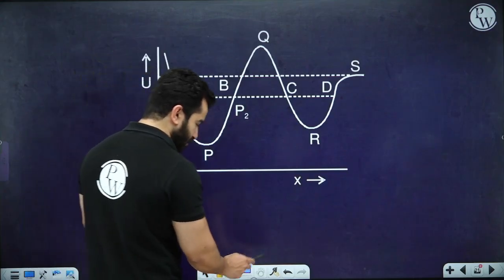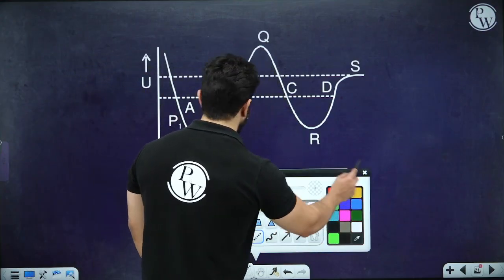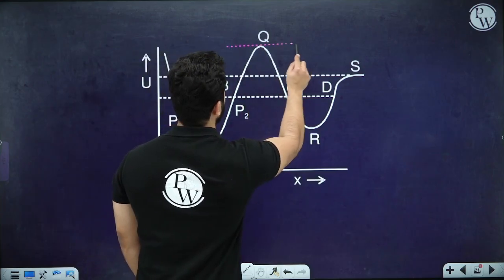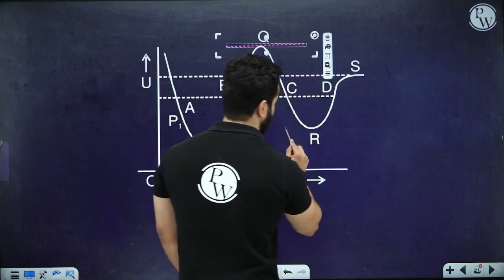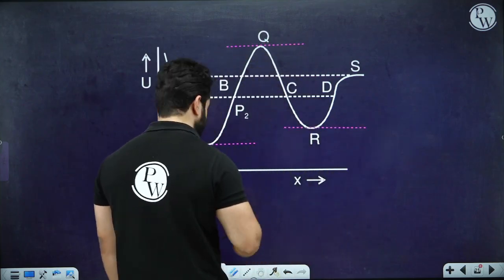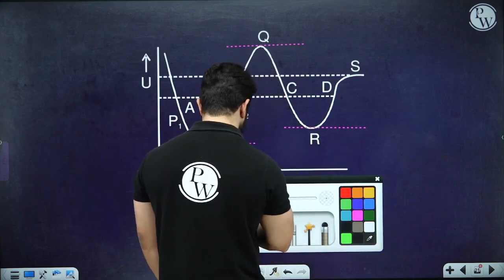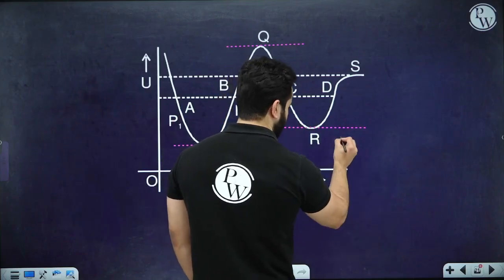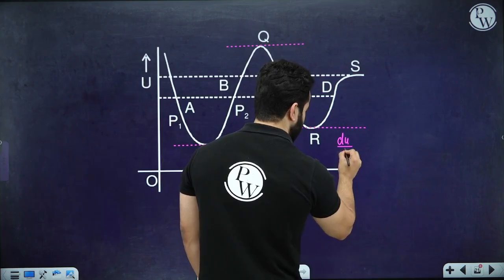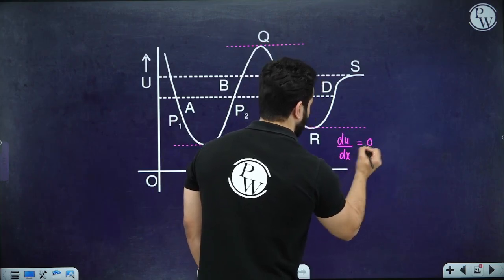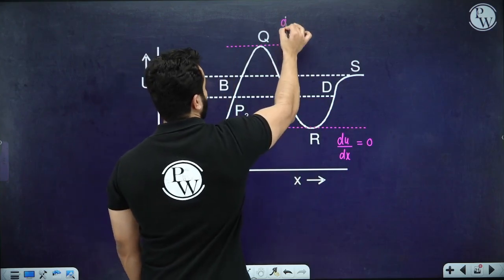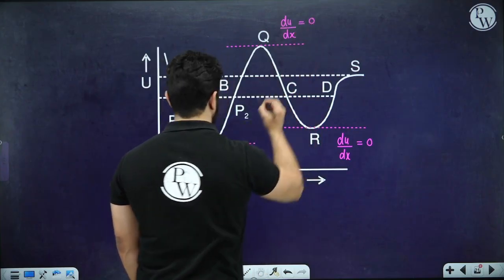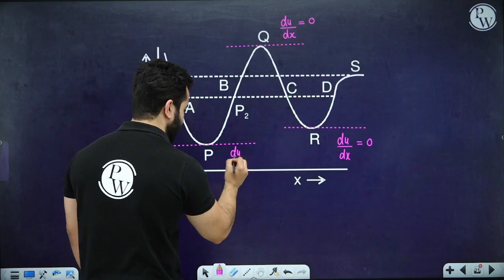The places where the gradient is 0 are this point P, this point Q, this point R. At these places, we can say du by dx is 0, du by dx is 0, and du by dx is 0.